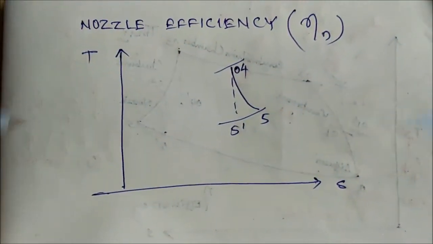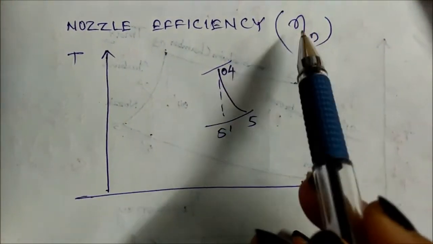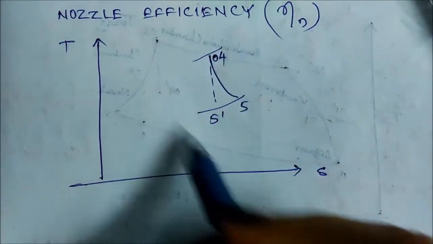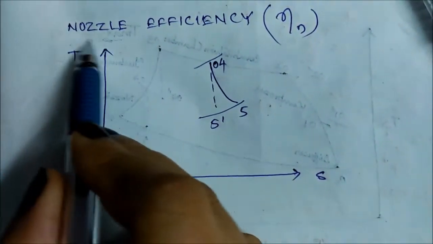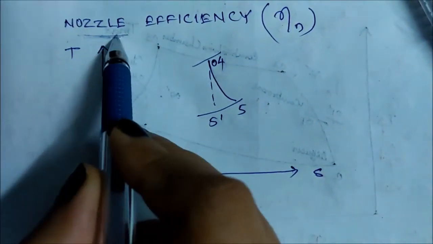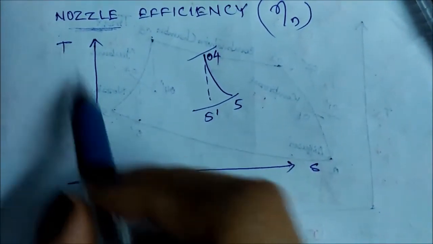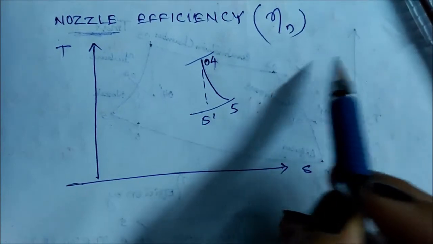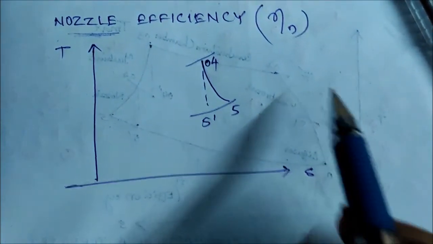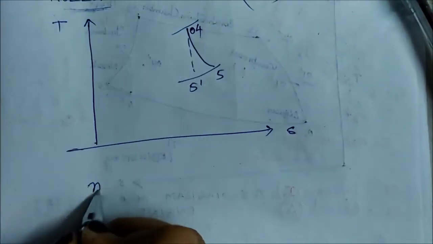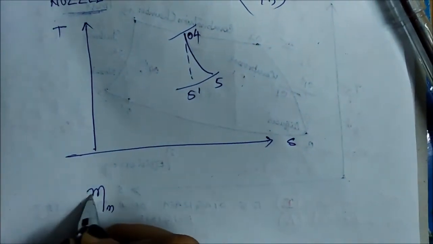Now we are going to see the nozzle efficiency, that is eta n. So this is a T-s diagram for the nozzle. What is the purpose of a nozzle? To increase the velocity. So the velocity increases, the pressure will decrease and the temperature will also decrease, because pressure and velocity are inversely related to each other. Now what have we studied, what is nozzle efficiency?